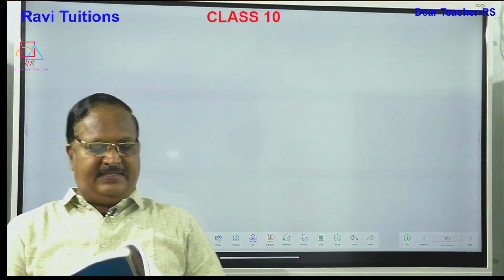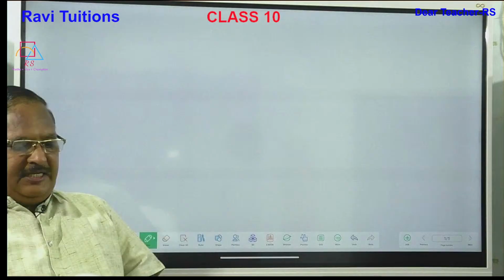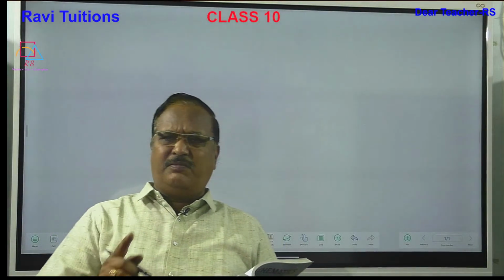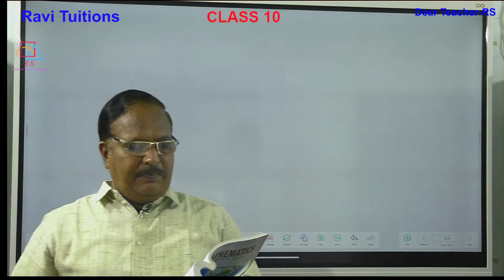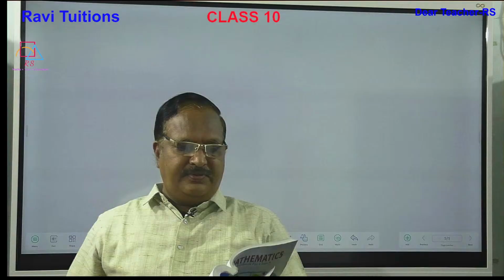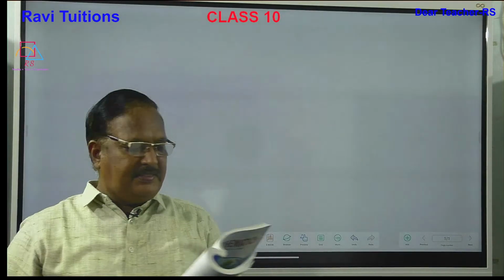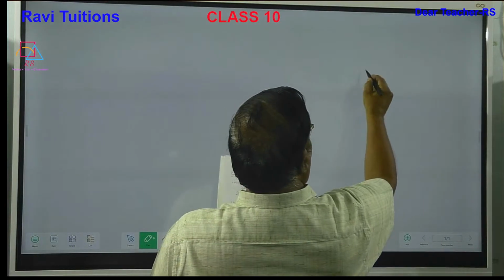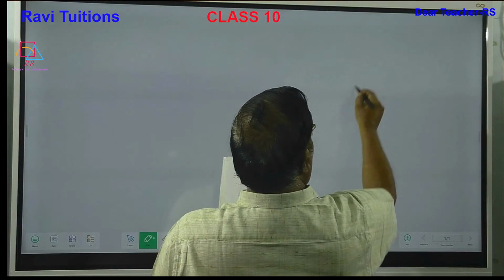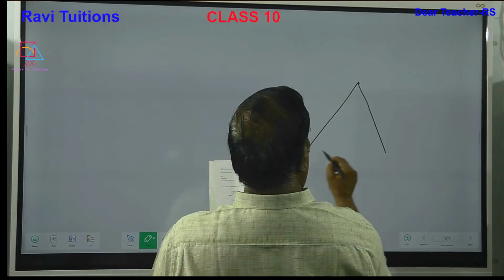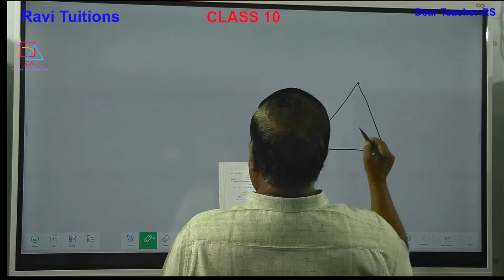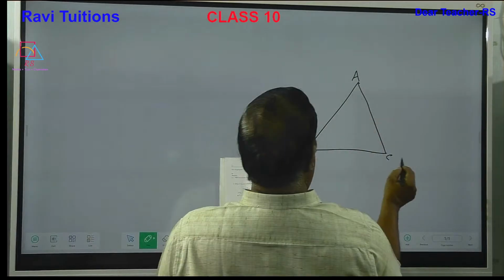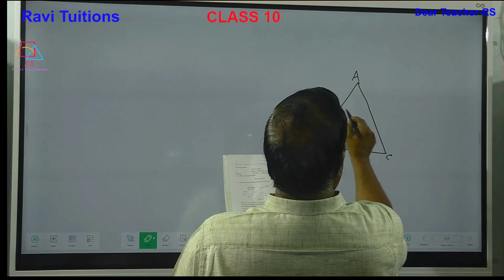Exercise 6.2, question number 1, a very, very important question, a 1 mark question, a direct application of the basic proportionality theorem. He has given a triangle ABC, DE is parallel.